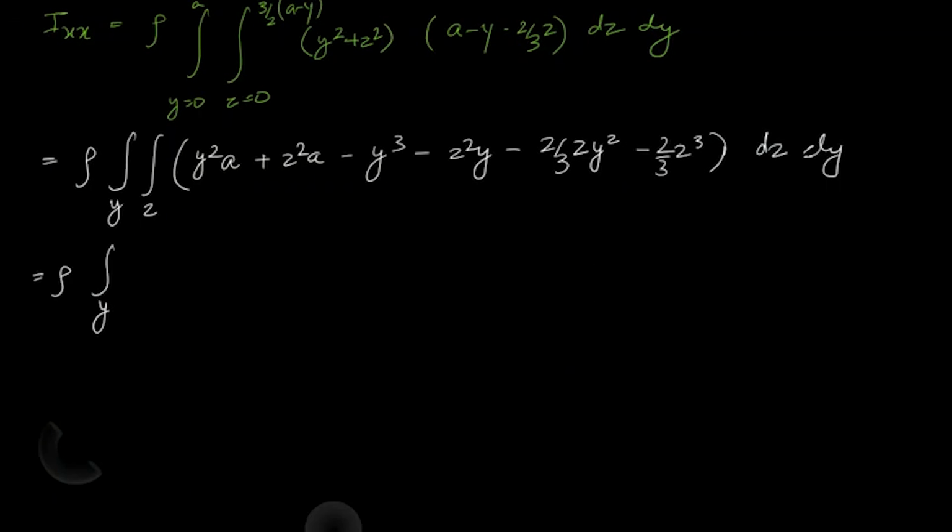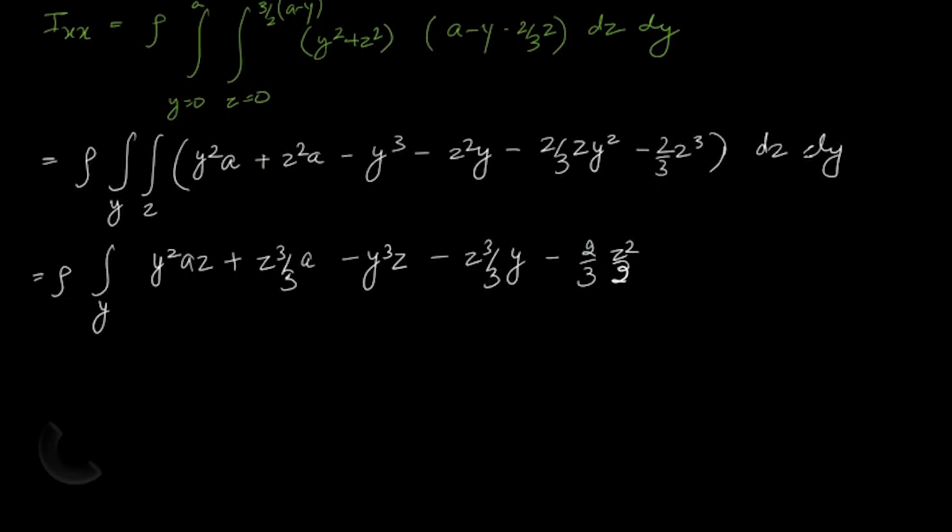Let's do the integration with respect to z, which is equal to y square a z plus z cube over 3a, minus y cube z minus z cube by 3 y, minus 2 over 3 times z square over 2 y square, minus 2 over 3 z to the fourth over 4, and then putting the limits for z from 0 to 3 over 2 times (a minus y), and then dy.